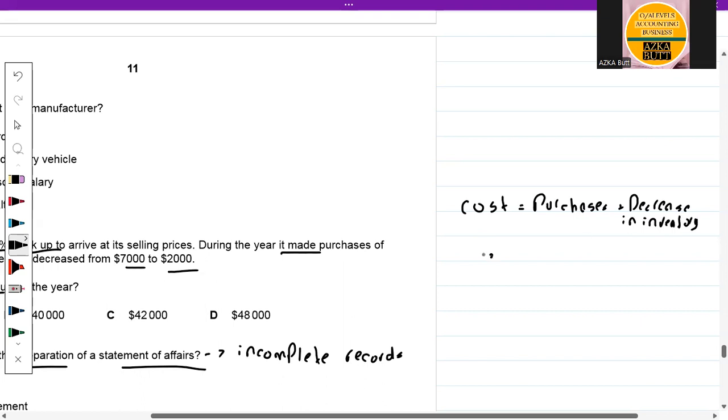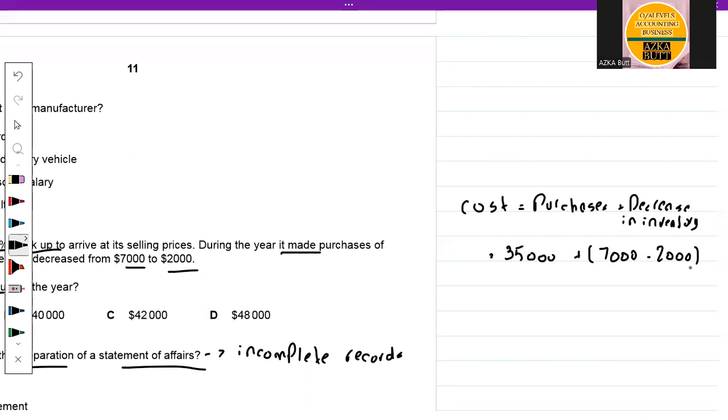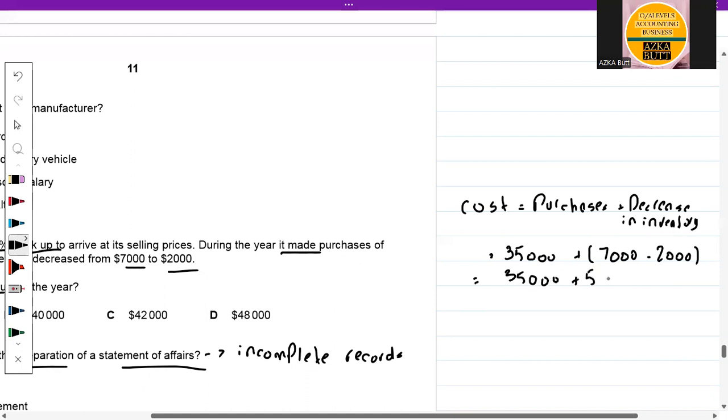Purchases is $35,000 and your inventory has decreased from $7,000 to 2,000, a decrease of 5,000. So 35,000 plus 5,000, you have $40,000 as the cost of sales.